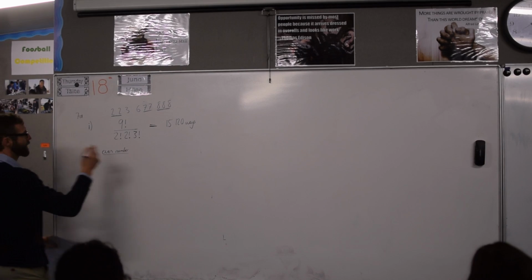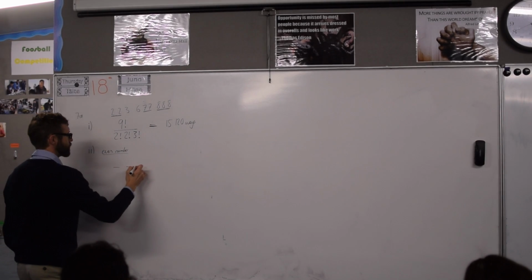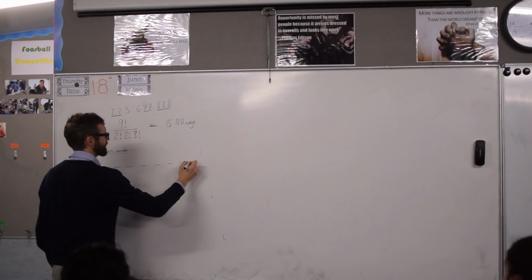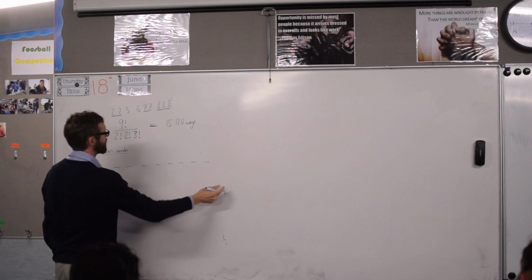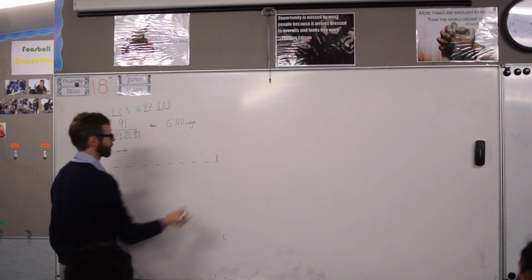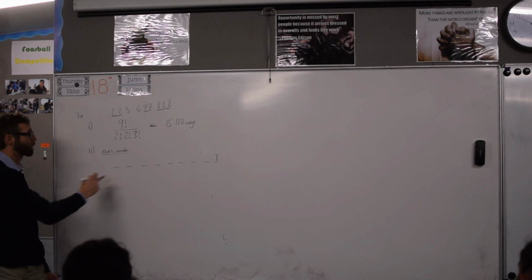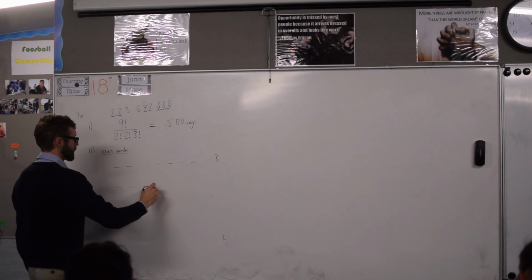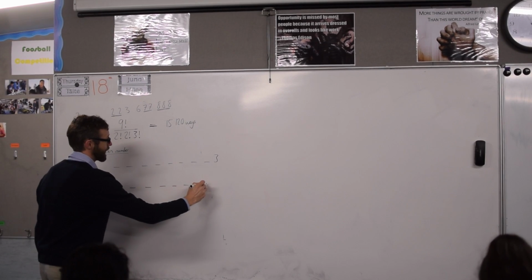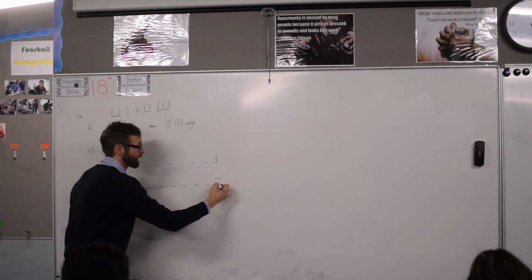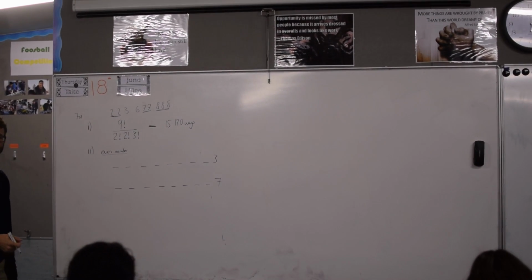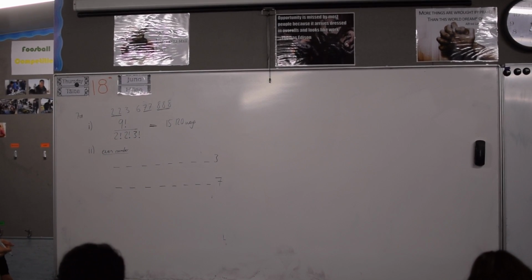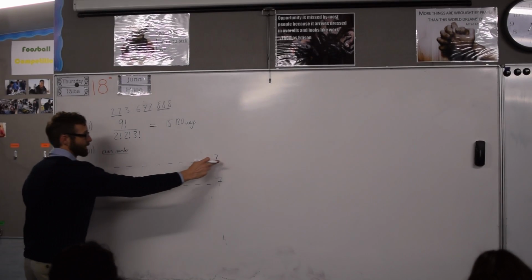Okay, so how can we make an odd number? Well, we've got 1, 2, 3, 4, 5, 6, 7, 8, and then the last one could be a 3. That's one way. And the other way would be 1, 2, 3, 4, 5, 6, 7, 8, and the last one would be 7.